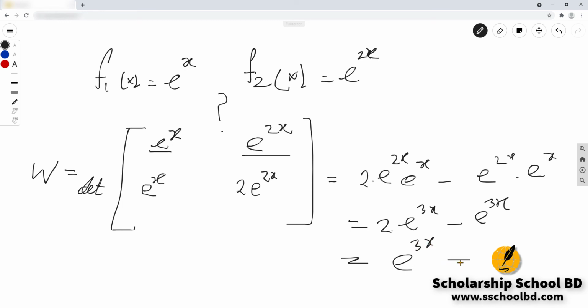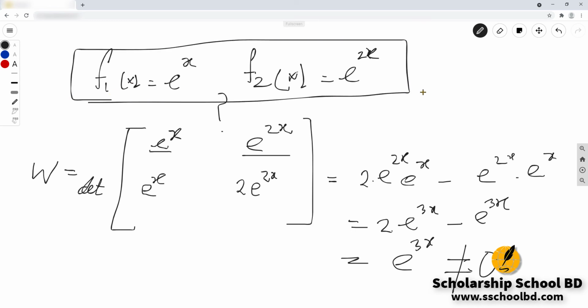So it is not equal to 0. That means the given functions f1 and f2 are linearly independent. All right? They are linearly independent.